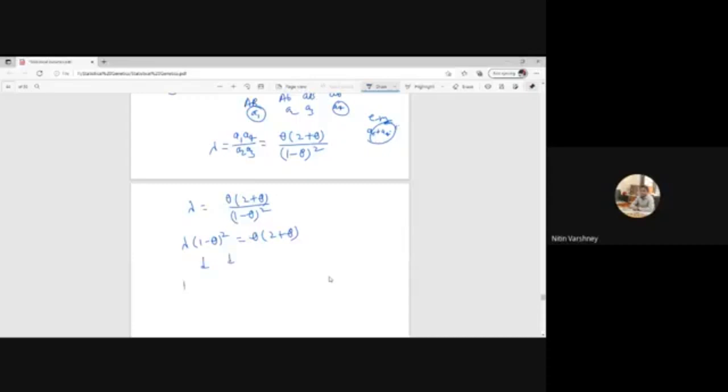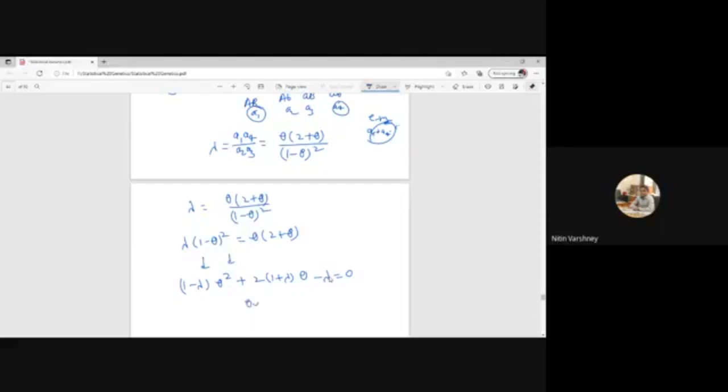I am not going to solve this. The equation will be (1 minus lambda) theta square plus twice (1 plus lambda) theta minus lambda equal to 0. So this is my quadratic equation, and from here we can calculate the value of theta.